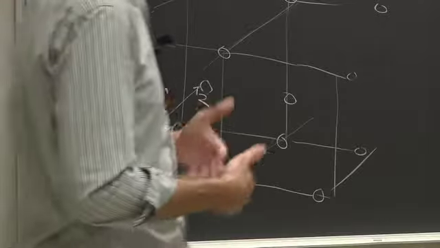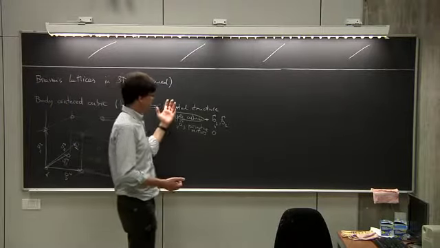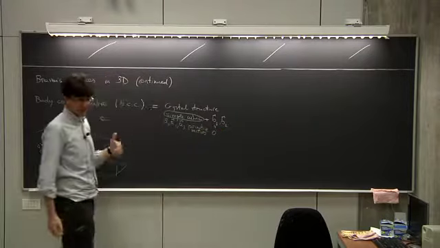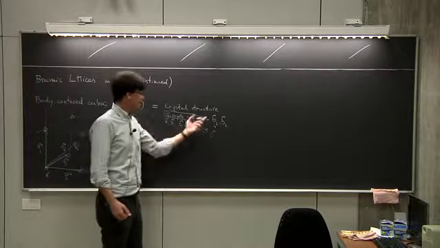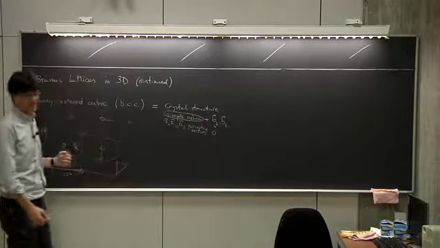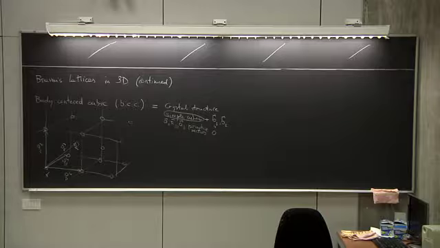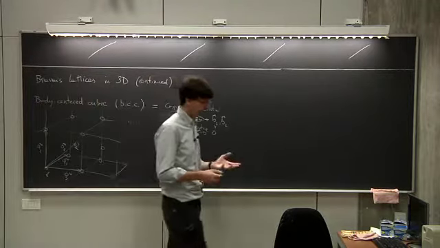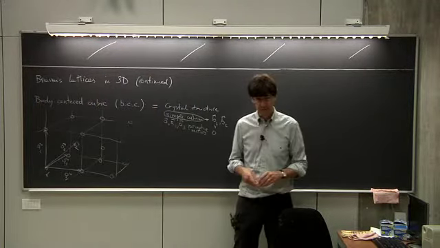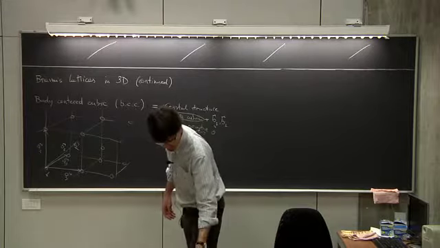Now, let me come back to the question. Can I simplify my life and describe the same lattice in a simpler way? That is, is this lattice here a Bravais lattice or not? It is, right? But in order for me to show that it is, I need to find some primitive vectors that describe this Bravais lattice.